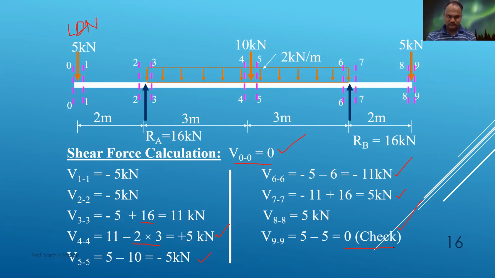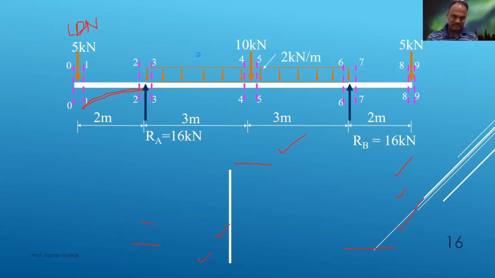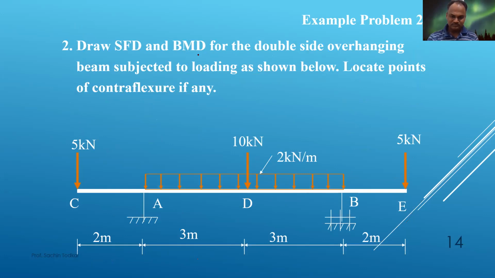Now again, for bending moment calculations, what are we going to consider? For bending moment calculations, you will get to know this is downward and this is the support, so it will be hogging bending moment. Now, due to this force, it will be sagging.